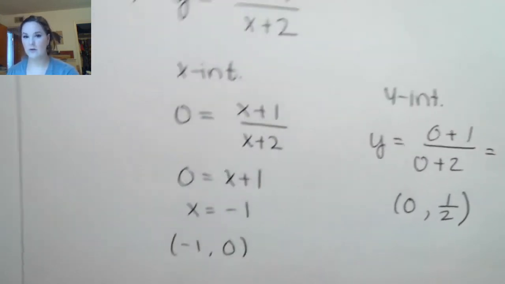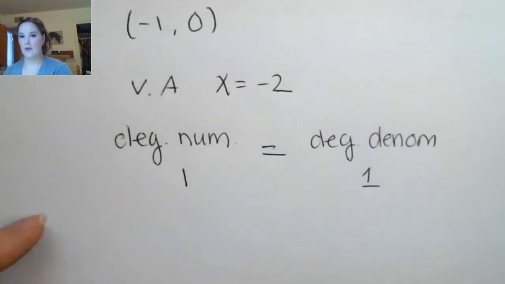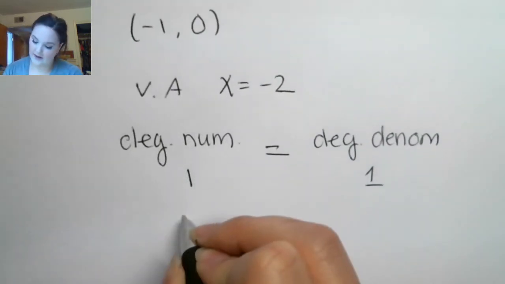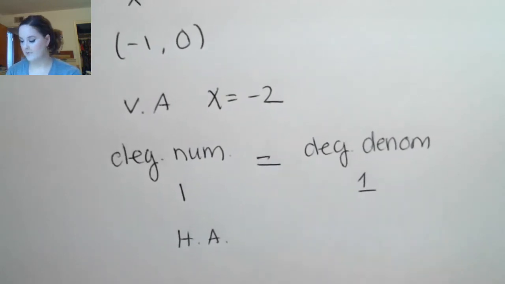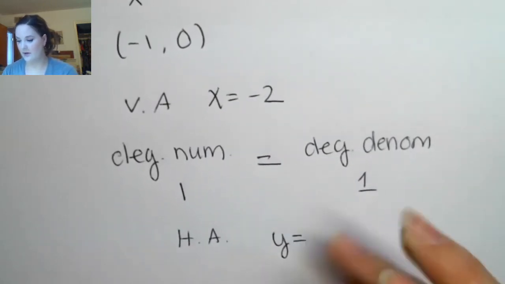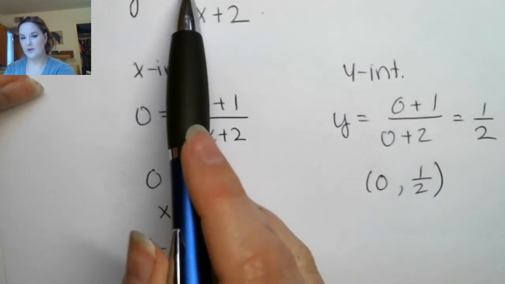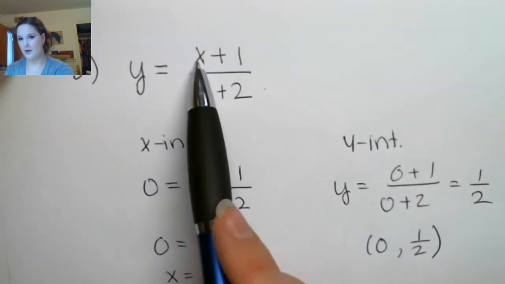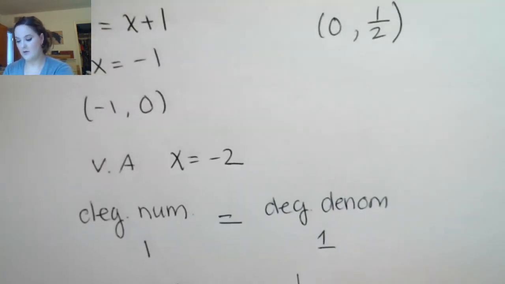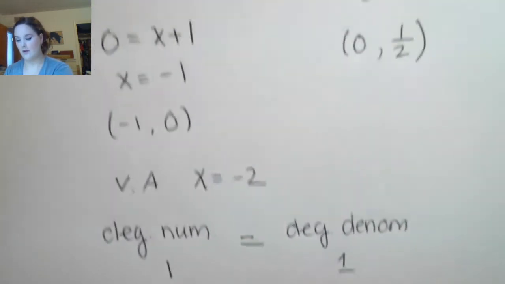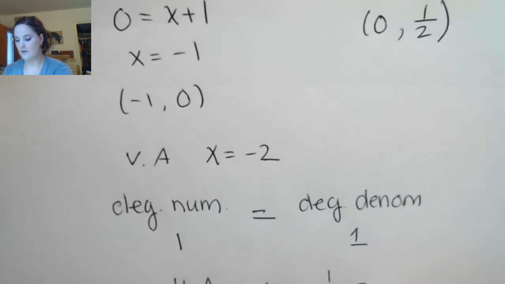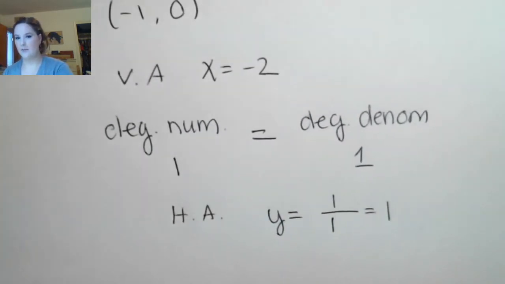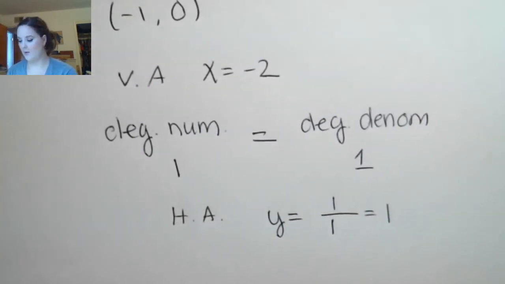They are equal, which means that I have a horizontal asymptote, and it comes from a ratio of the leading coefficients. So my coefficient in front of x in the numerator is 1. My coefficient in front of x in the denominator is also 1. So that means I have a horizontal asymptote at 1.